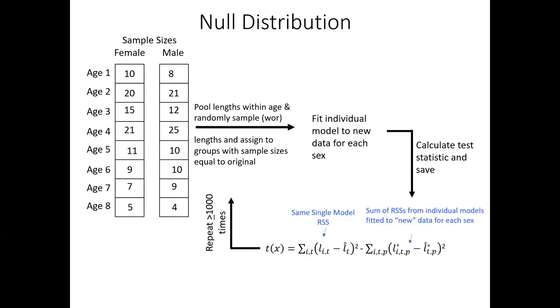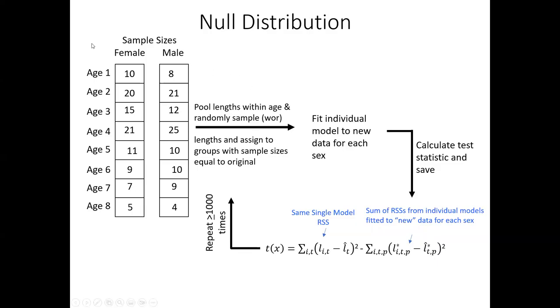And the way you would do this, let's say in this example, you have males and females on this little graph on the left for different ages, and the numbers in the boxes are the sample sizes. To create the null distribution, you take the data within a particular age, mix them up, randomly sample without replacement, and assign the randomized data back to the original groups with the same sample size.